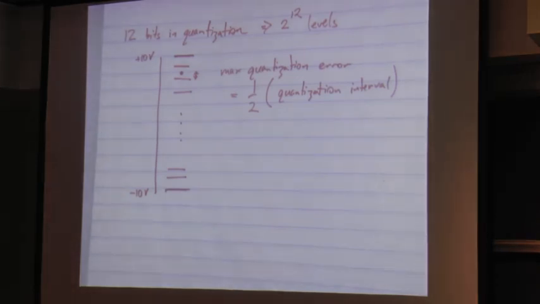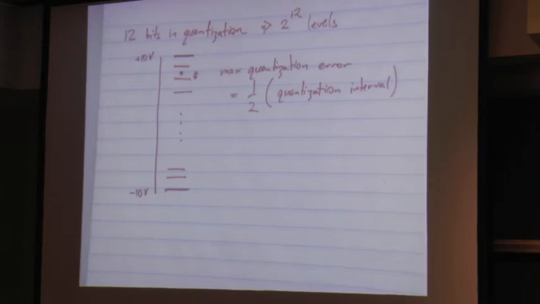So we need to figure that out. What is the distance between the quantization levels? How can we calculate it based on this picture? Someone else, I guess. Yes. So it would be just the total voltage difference, the range divided by 2 to the 12.